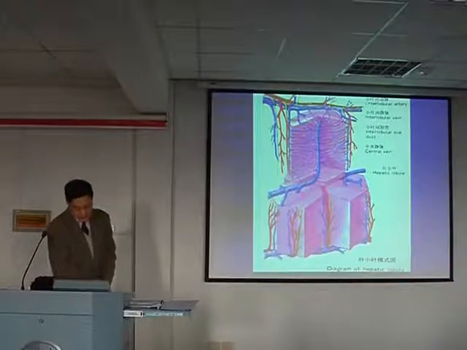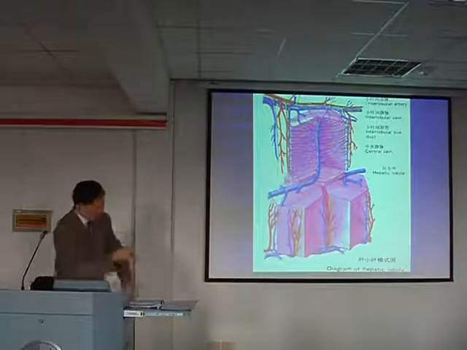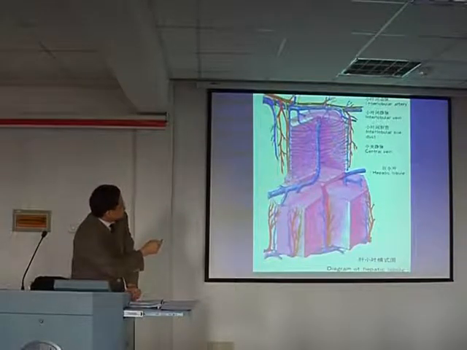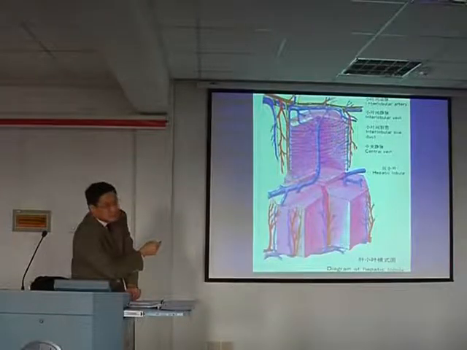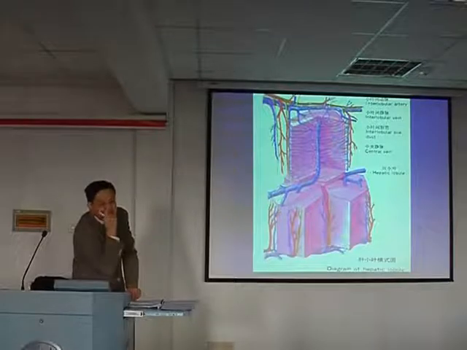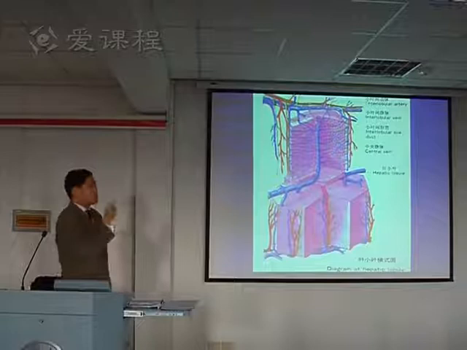The diagram of the hepatic lobule: interlobular artery, interlobular vein and interlobular bile duct, enclosed in Glisson's sheath.